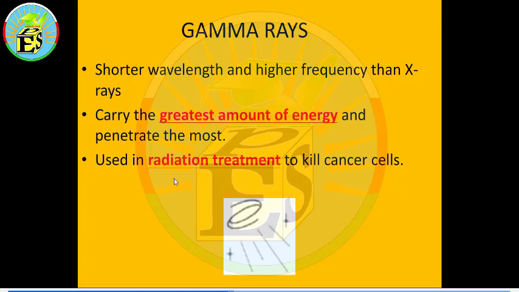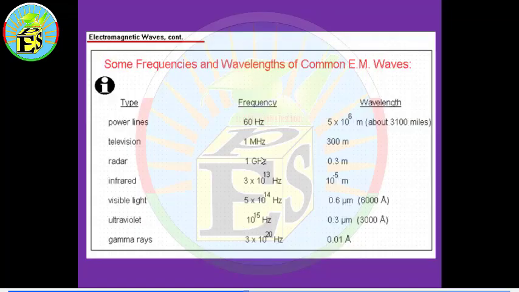We use it in the medical field for treating cancer, but it's dangerous for our body because it kills all cells, not only the cancer cells, but we can concentrate it at a fixed point on the part of the body infected by cancer cells. It can be very harmful if not used correctly.